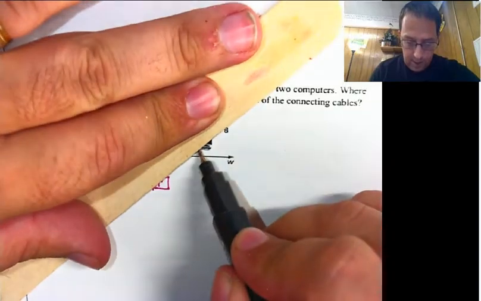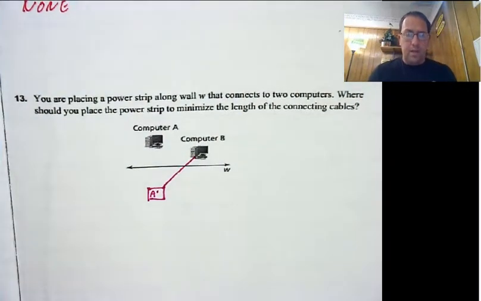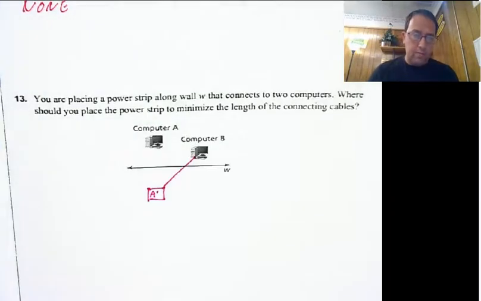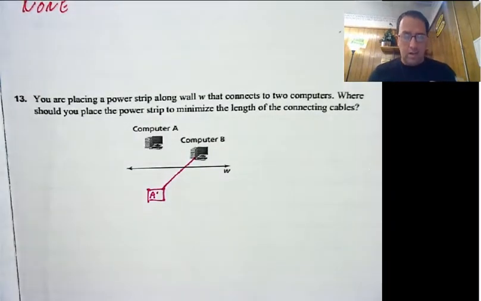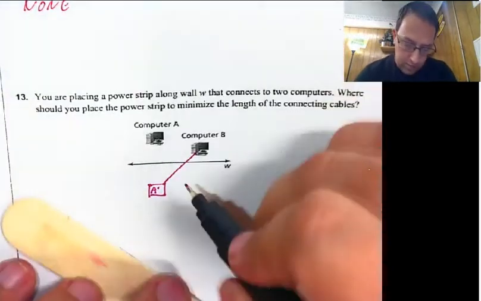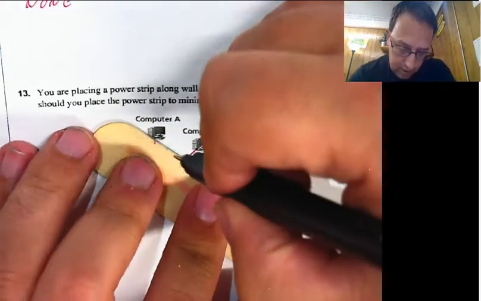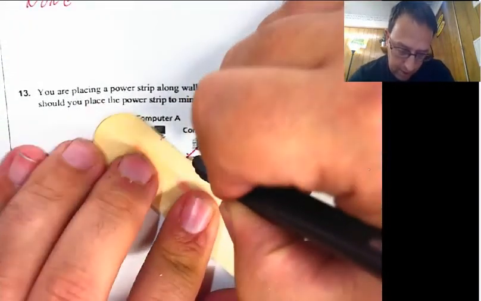So from B to A prime, we have that. However, I can't actually put it here because computer A is right there, right? However, here's the thing. We want to reflect from this intersection up like this to computer A.